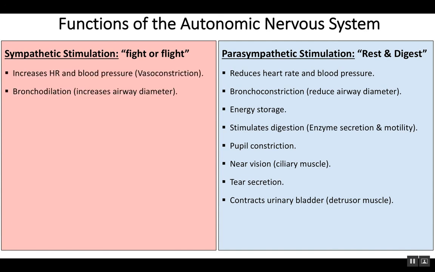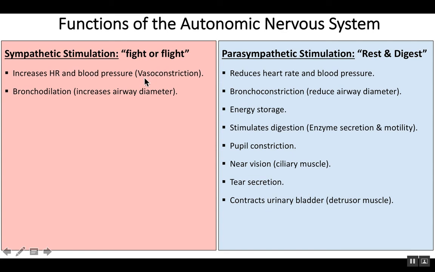Let's look at the fight or flight side. A lot of these are opposite of parasympathetic. You're going to increase your heart rate using sympathetic stimulation. Your blood pressure is going to go up. One way that is done is constricting blood vessels. Vaso refers to blood vessel, whereas broncho refers to airway.